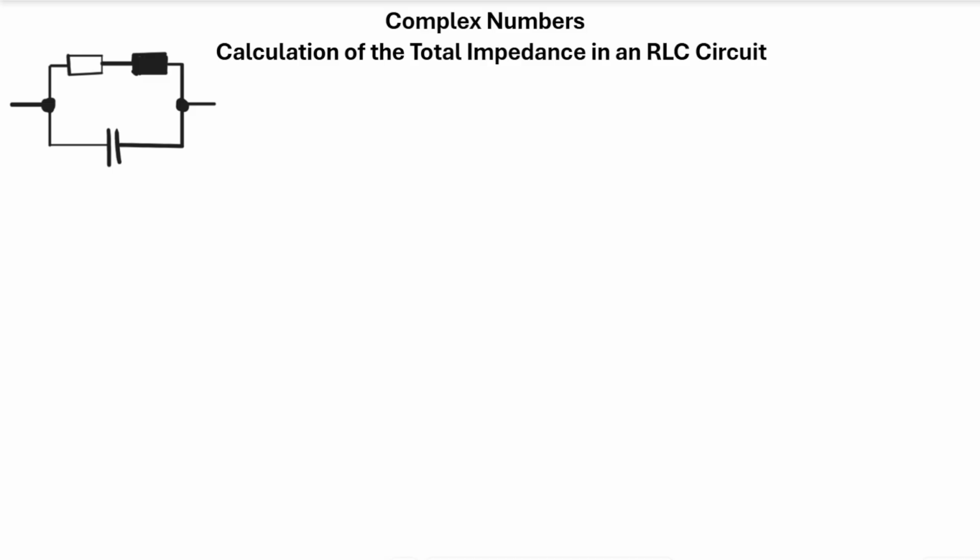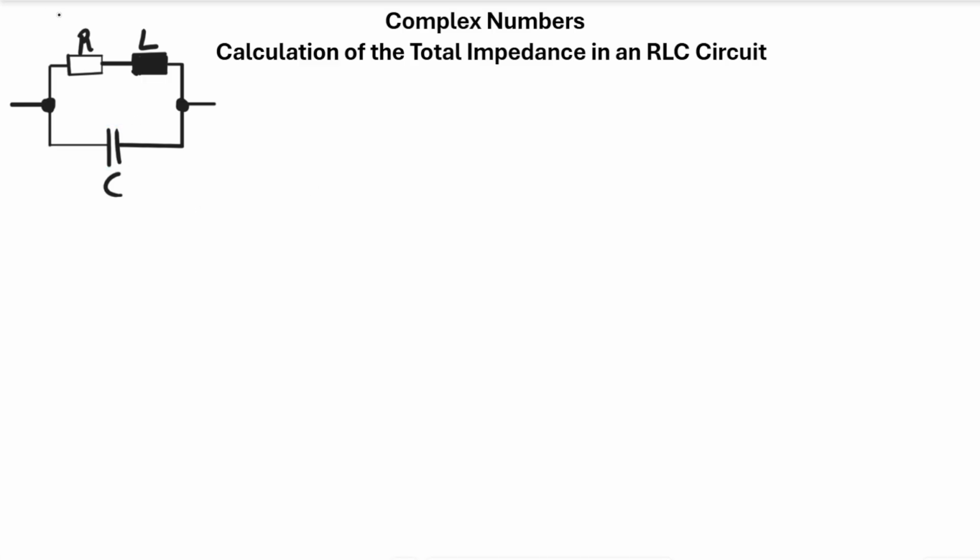So you see here the resistor and the inductance are in series, so resistor R, inductance L, and the capacitance C here is in parallel. So what is given?